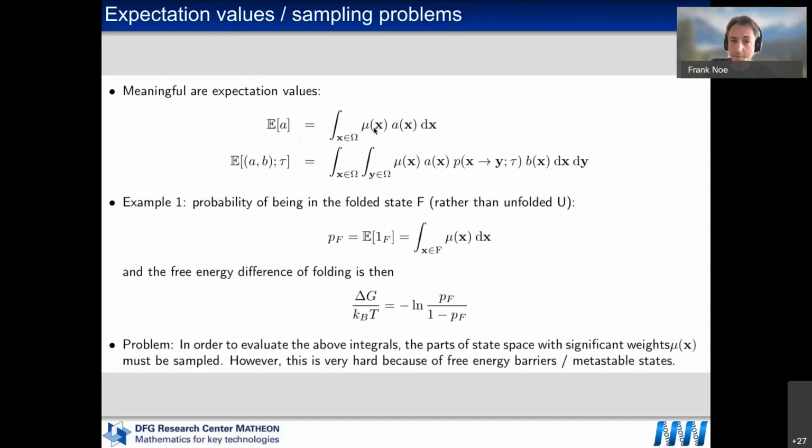So we cannot simply enumerate all the possible positions of a molecule, compute the probability density, and then normalize it by the number of points we've computed and thereby solve this problem. That's not possible because our space is much too high dimensional, and most states that we could potentially generate by putting atoms somewhere in space have essentially zero probability.